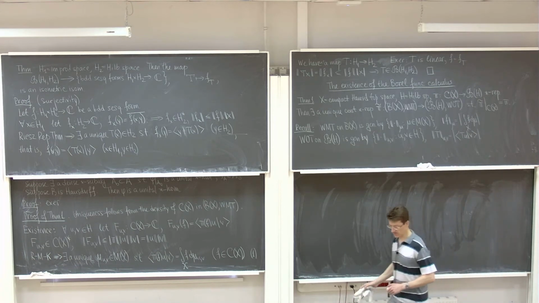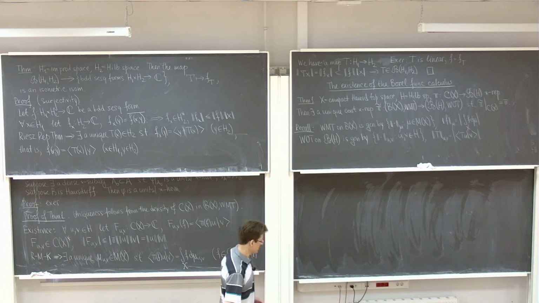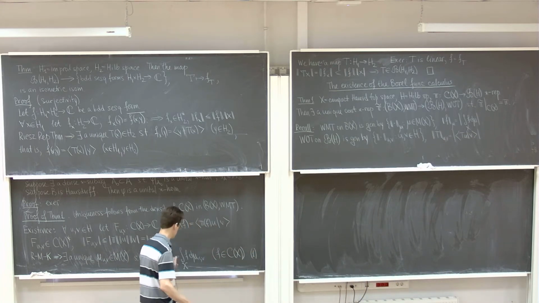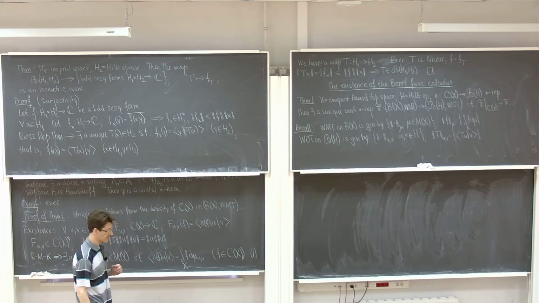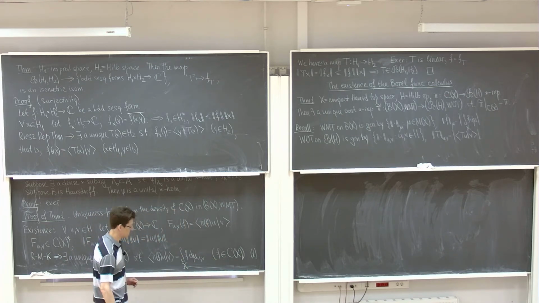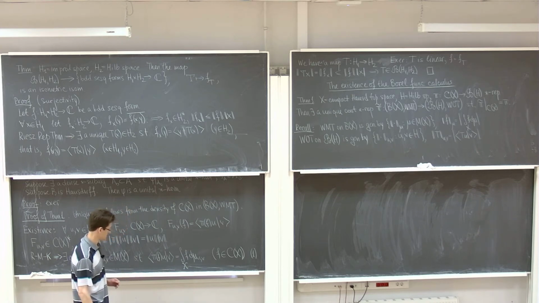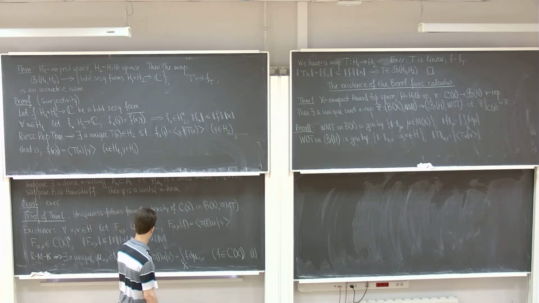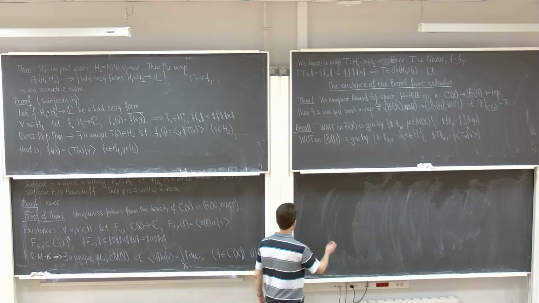So now, a key observation is that the right-hand side of this formula makes sense not only for continuous functions, but actually for each bounded Borel function on x. So let's use this observation.